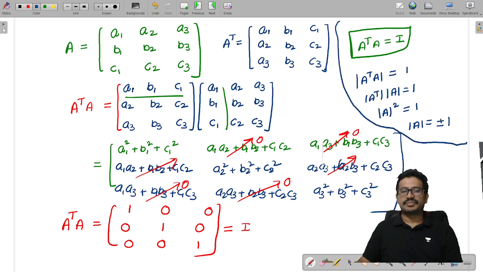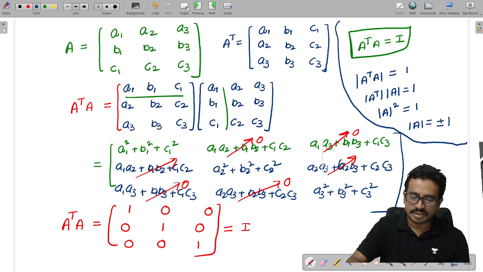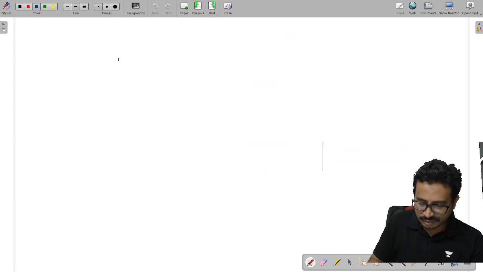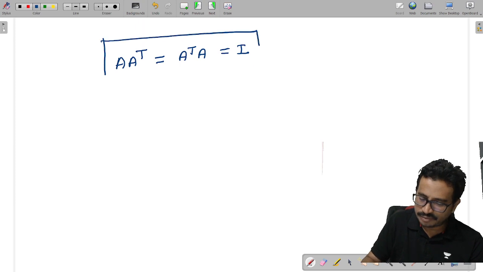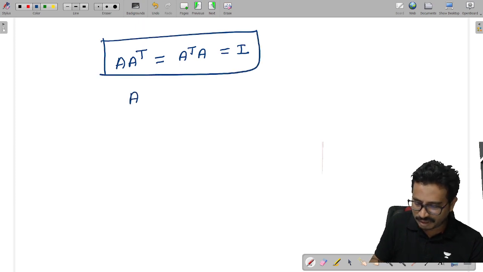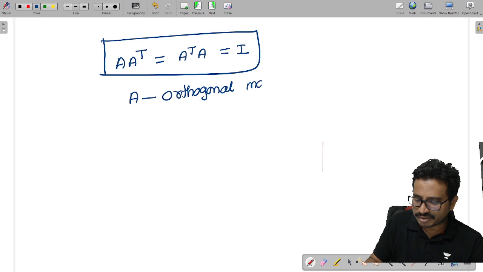Plus or minus 1. And you do remember this as a standard result also. If A into A transpose or A transpose into A is equal to the I matrix, then A is called an orthogonal matrix.